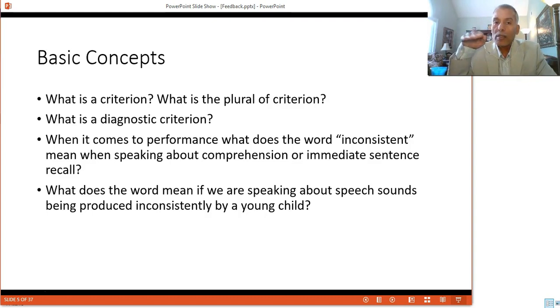They should be doing well all across, but they're not. So inconsistency in language and inconsistency in attention and memory, these are typically showing that there are some disruptions and there is some kind of disability there.